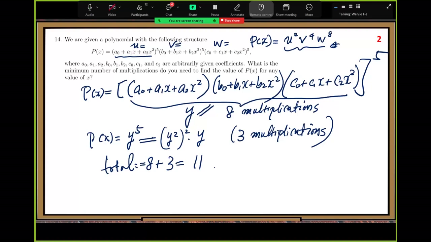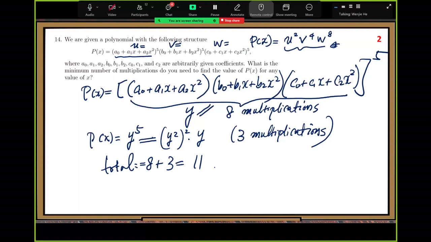So try to take advantage of these special numbers and minimize the number of multiplications.